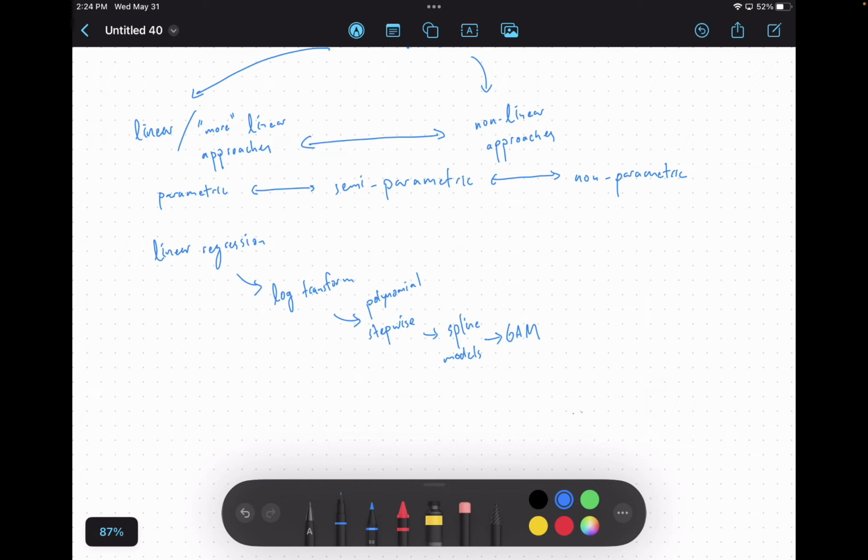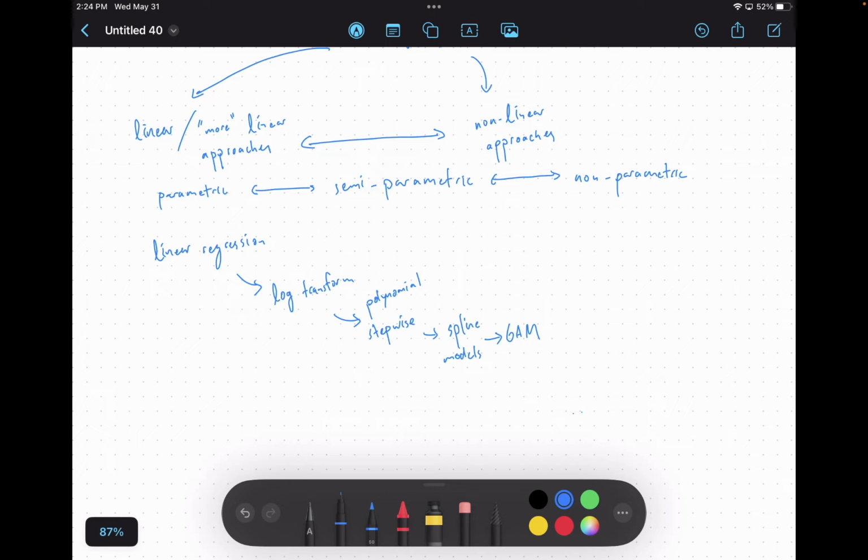How is stepwise a type of regression when it's about a selection procedure? How is it a separate regression itself? I'm not talking about stepwise selection. No, I'm sorry, it's not stepwise.